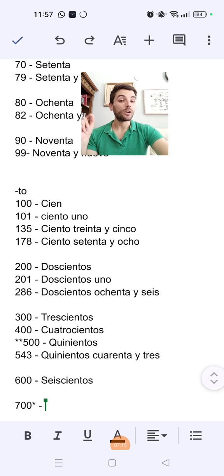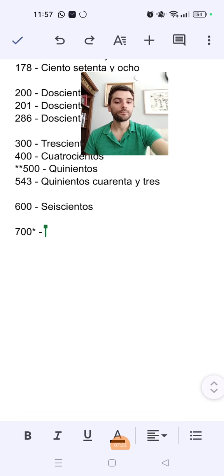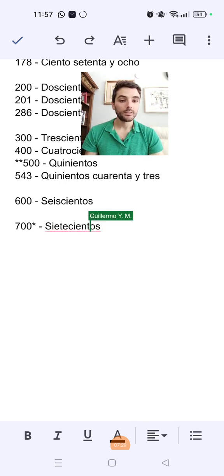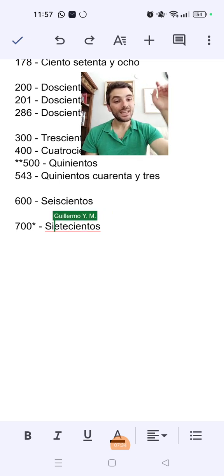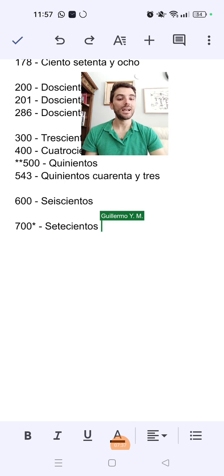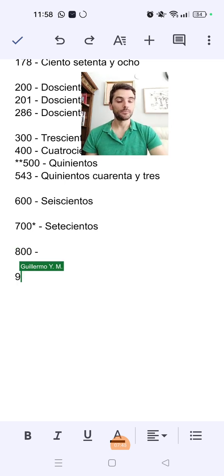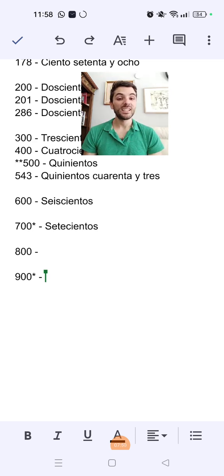We took the I out, the Spanish E. So it's not siete-cientos, it's setecientos. Here we're going to do the same. You see, it's giving me a red line here. So this is 700, okay? It's a little bit irregular. Now the 800 is normal, and then the 900 is also a little bit irregular, taking the root of the 90.